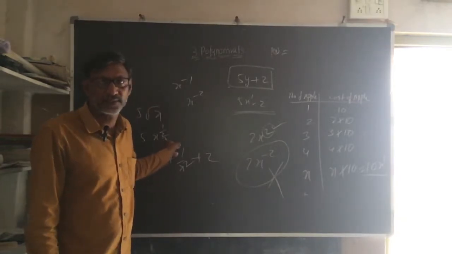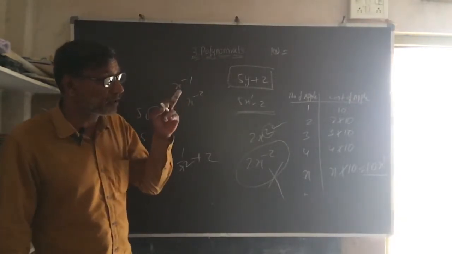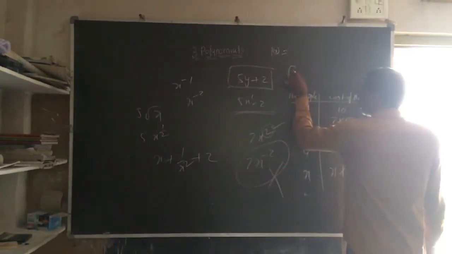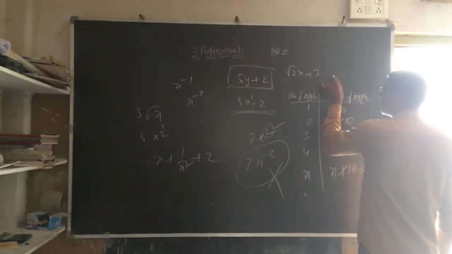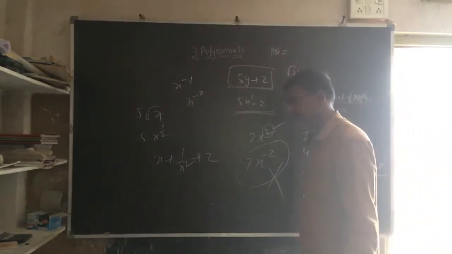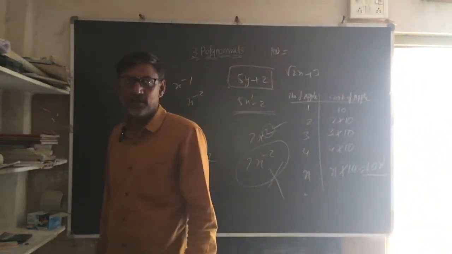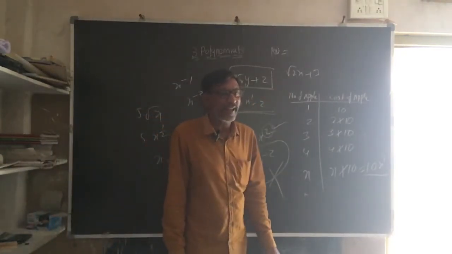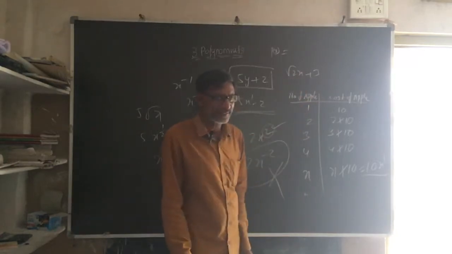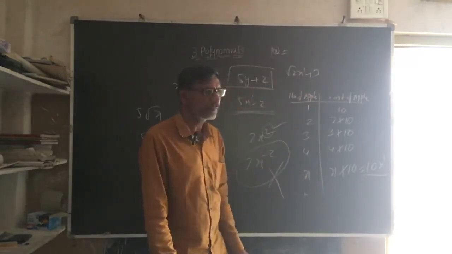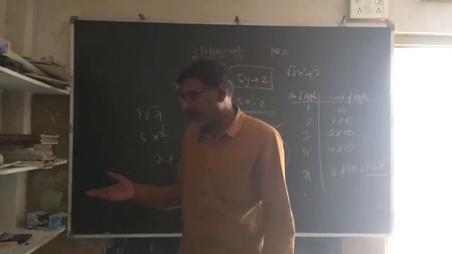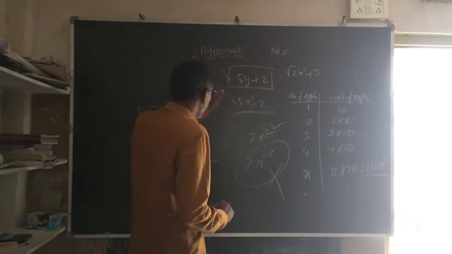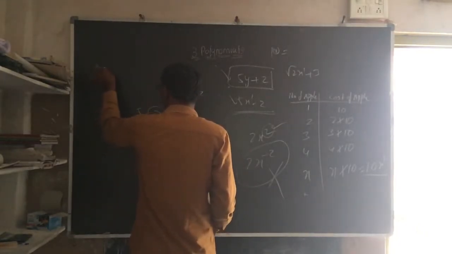Sometimes they confuse you by giving root 2 x plus 3. It is a polynomial, yes, because root 2 is a number multiplied by x, and the power of x is 1.